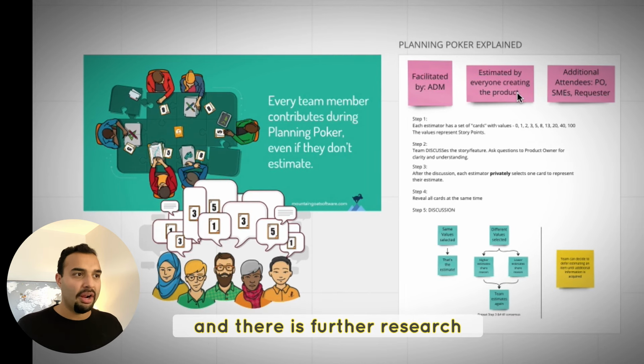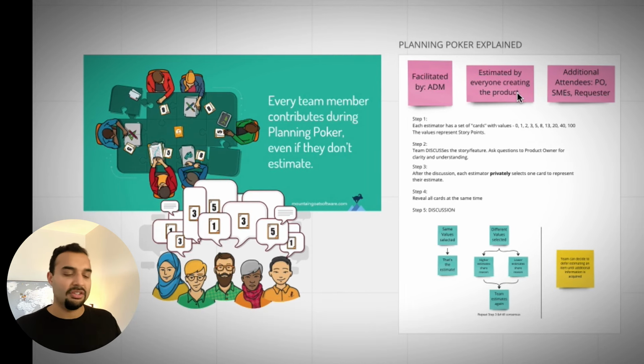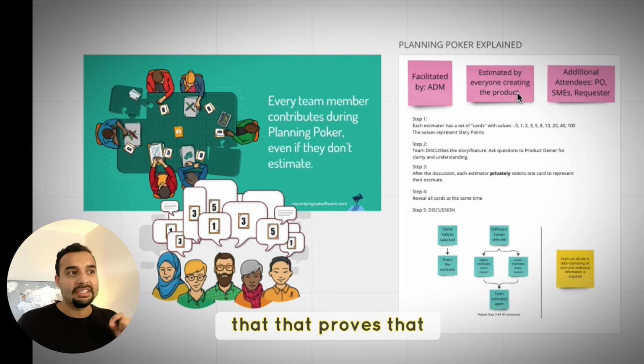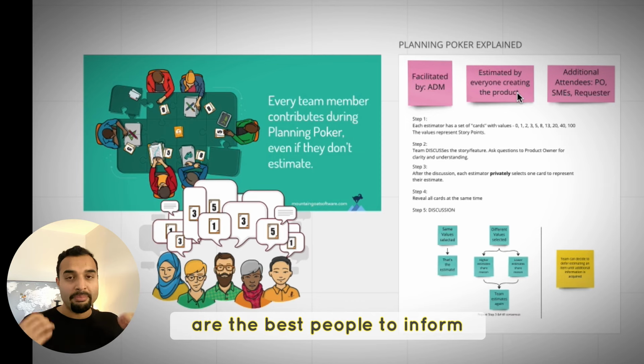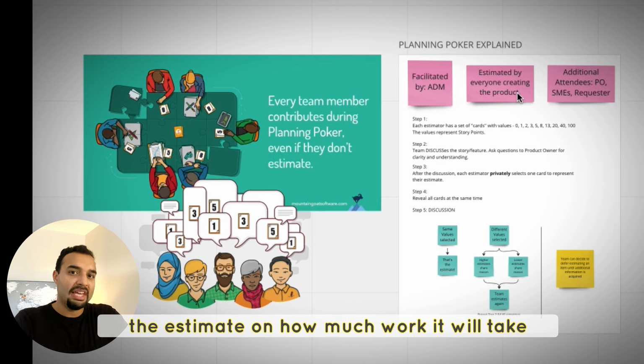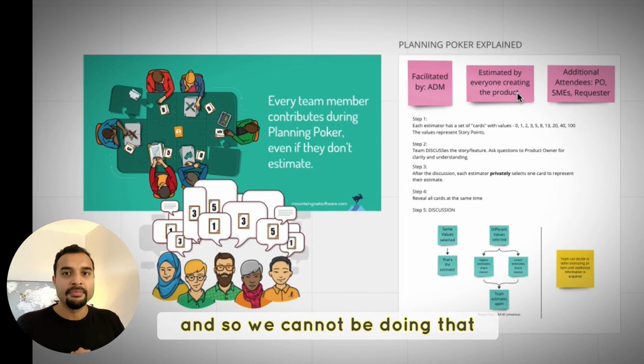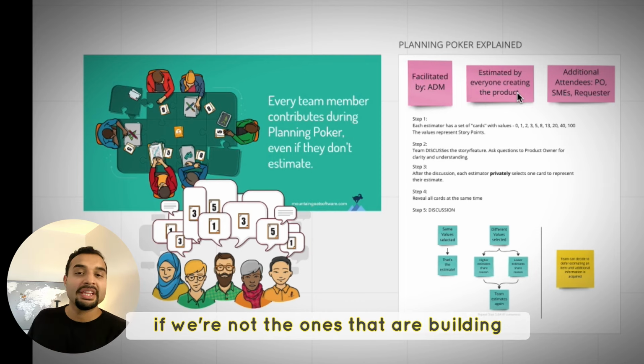There's further research, again covered in the description below, that proves that the people doing the work are the best people to inform the estimate on how much work it will take. We cannot be doing that if we're not the ones building.